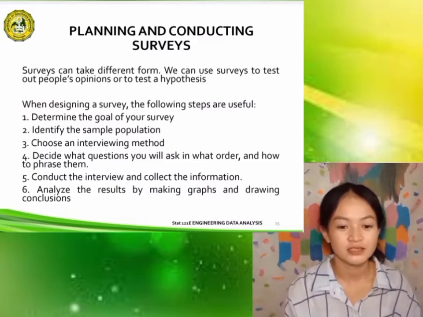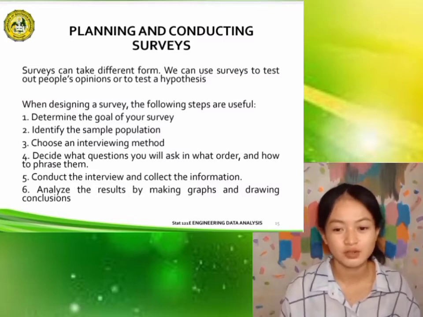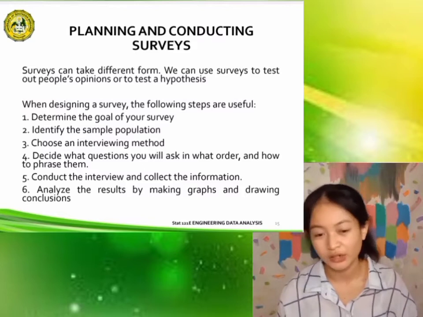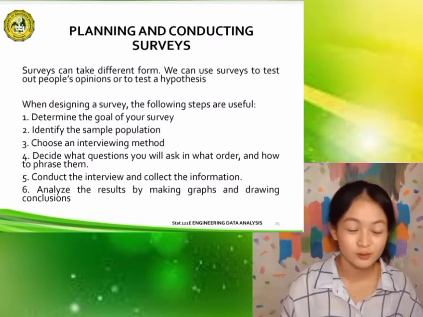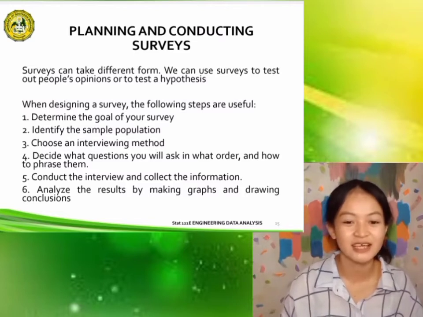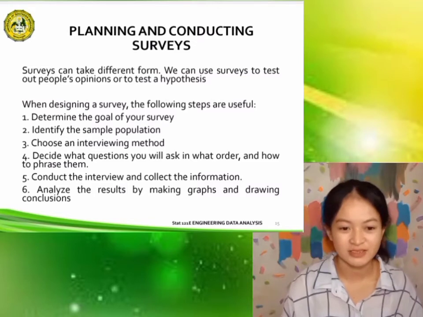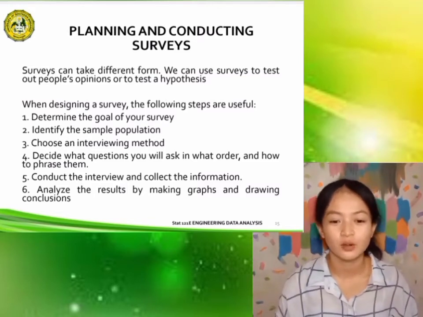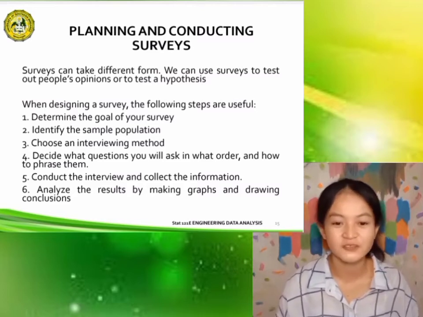Surveys can take different forms. They can be used to ask only one question, or they can ask a series of questions. We can use surveys to test out people's opinion or to test a hypothesis. So we have also the advantages and disadvantages of surveys.